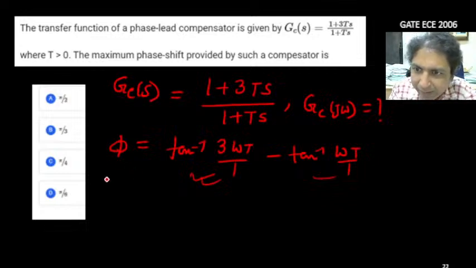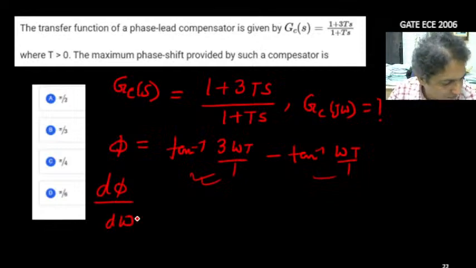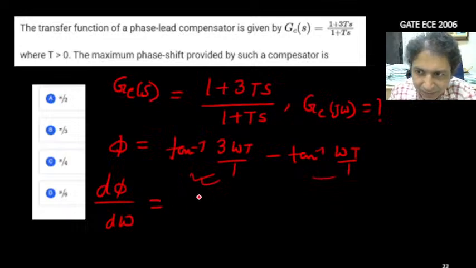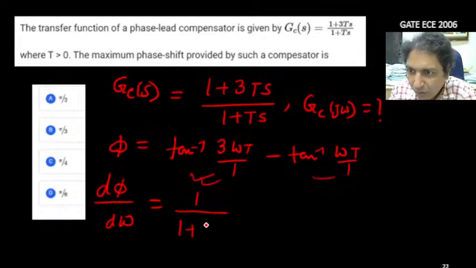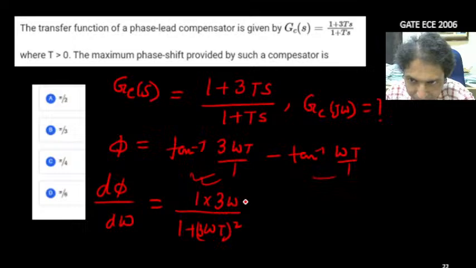So I need to take the derivative of this one, d phi by d omega. Tan inverse x, its derivative is 1 upon 1 plus x square. So 1 upon 1 plus (3 omega T) square, then again the derivative of 3 omega T with respect to omega. Is it correct?